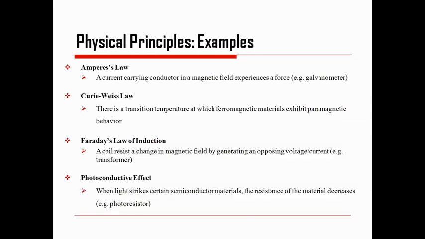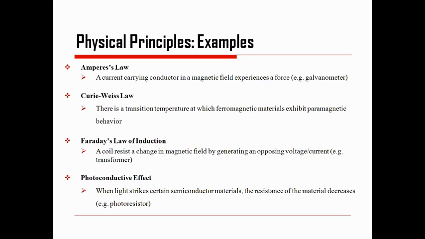to generate the output. Now, physical principle, for example, Ampere's law. A current carrying conductor in a magnetic field experiences a force. And for this, the best example is the galvanometer. So when a current carrying conductor in a magnetic field experiences a force, at that time the needle will deflect depending upon the magnetic field that has been generated.